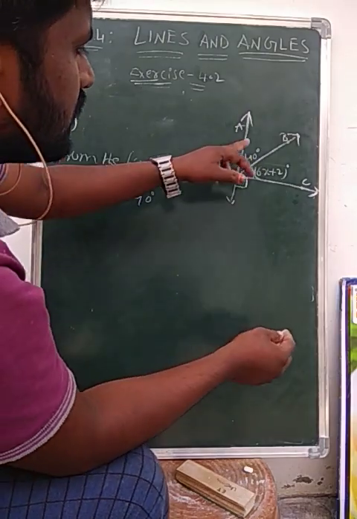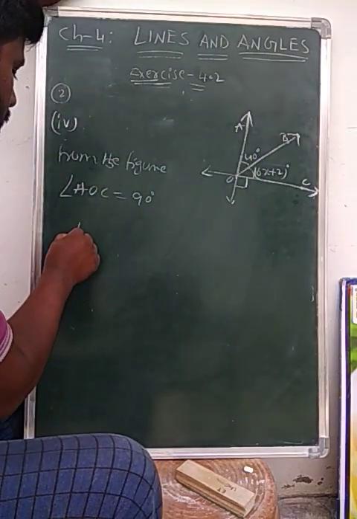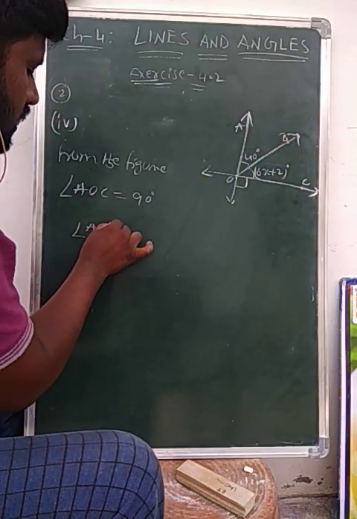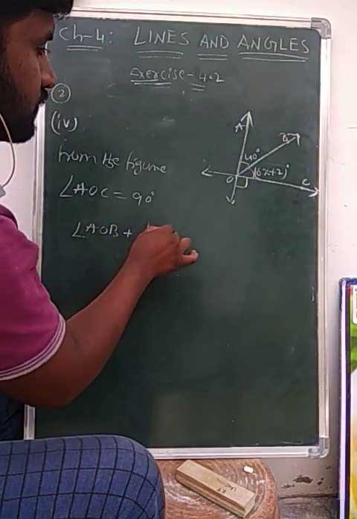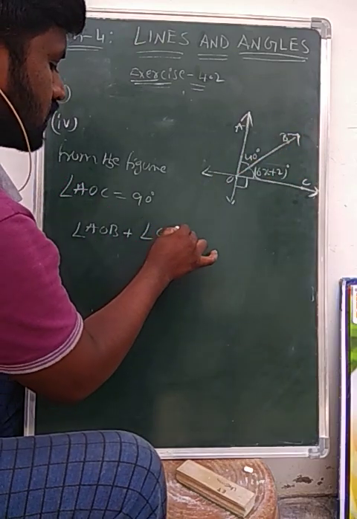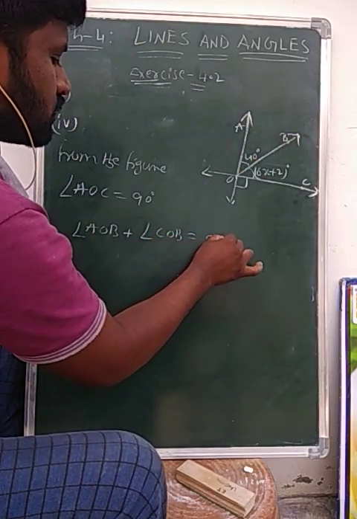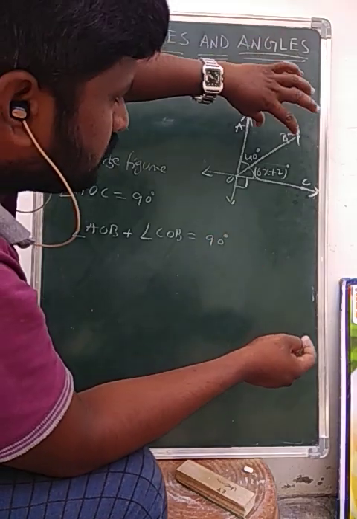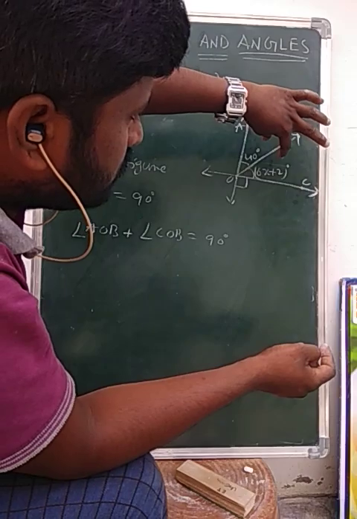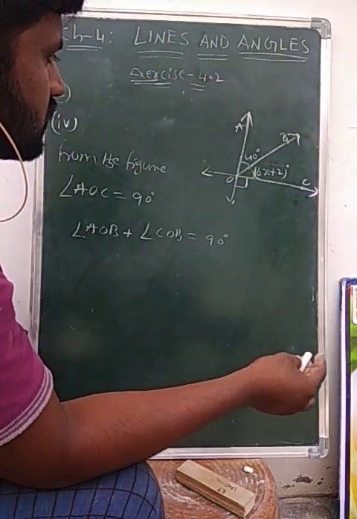Okay, now that is angle AOB plus angle COB is equal to 90 degrees. The sum of two angles, if we add these 2 angles, these two are equal to what? 90 degrees.